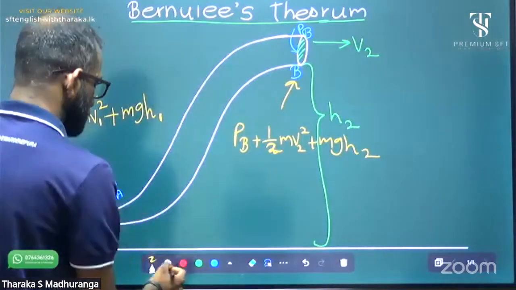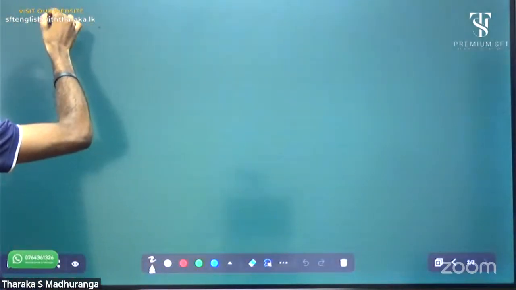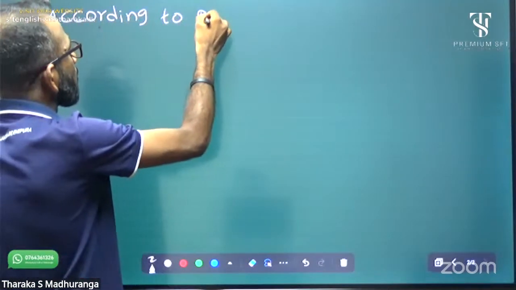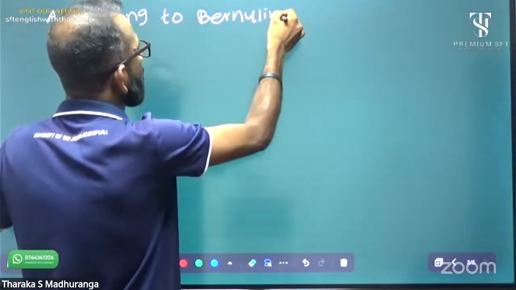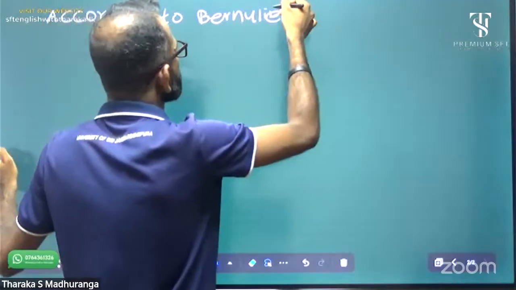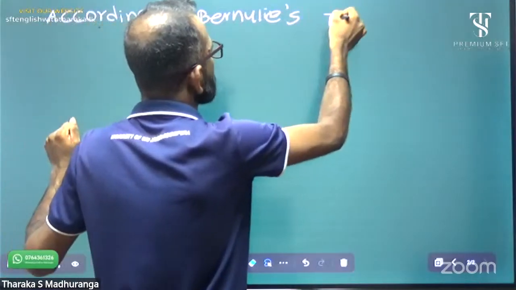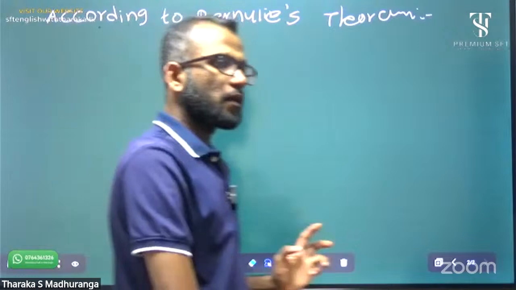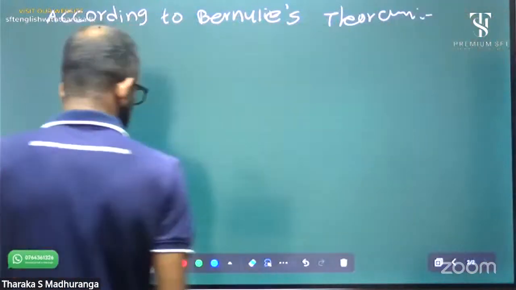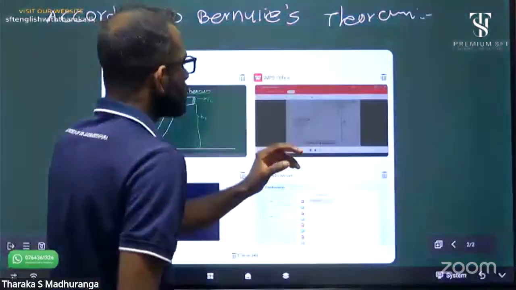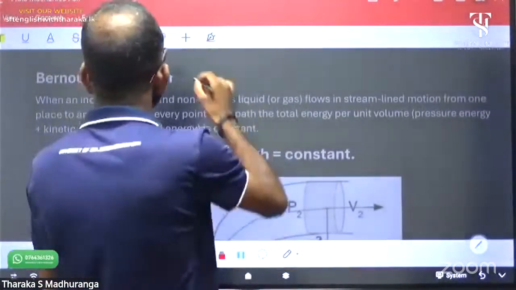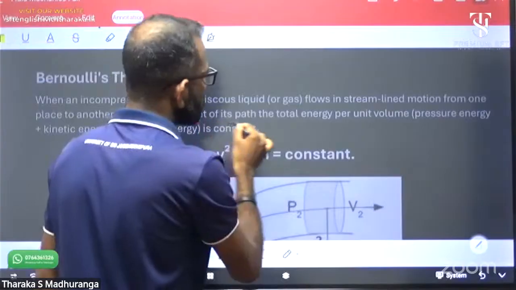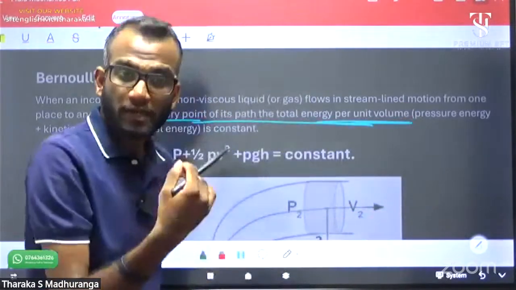Then I can write, according to Bernoulli's theorem, at every point along its path, the total energy per unit volume is constant.